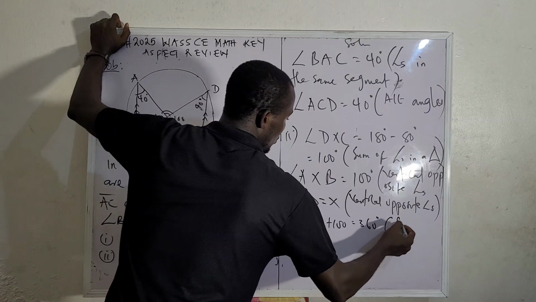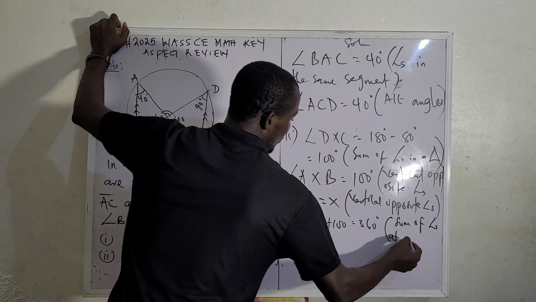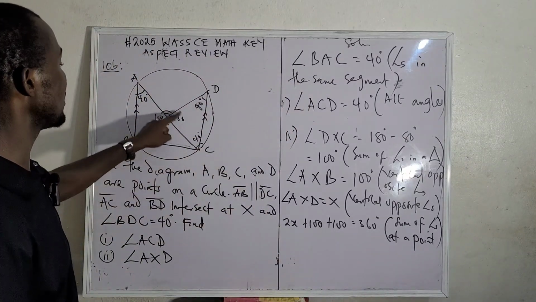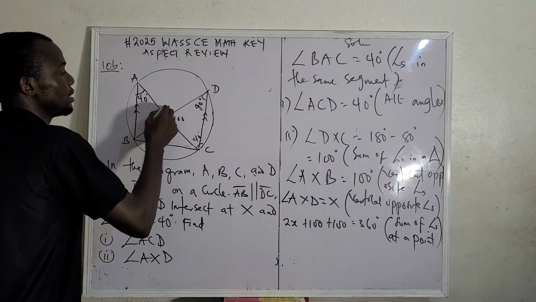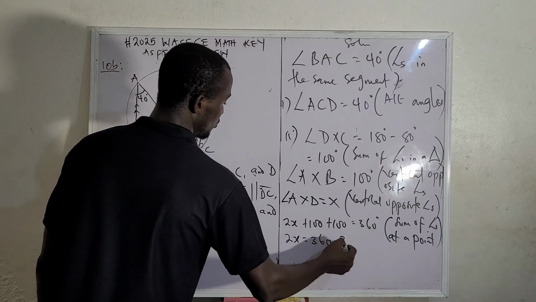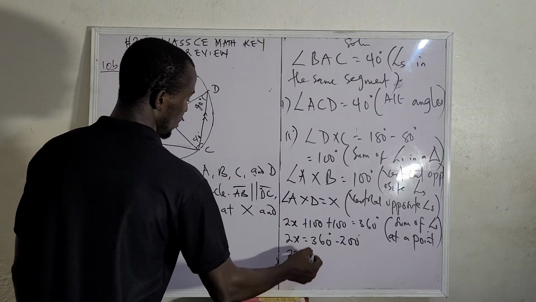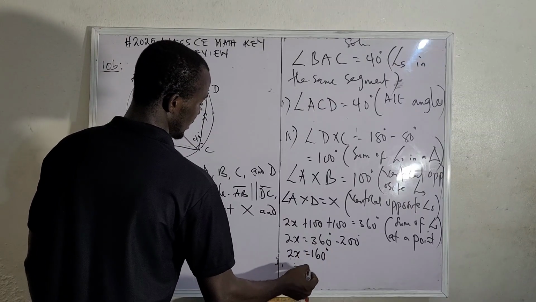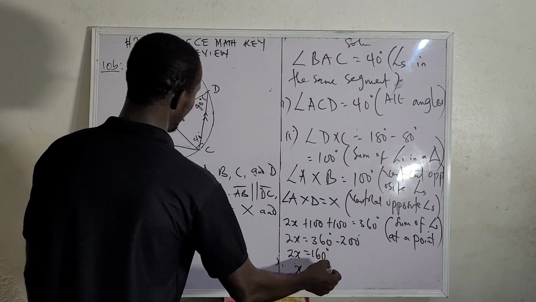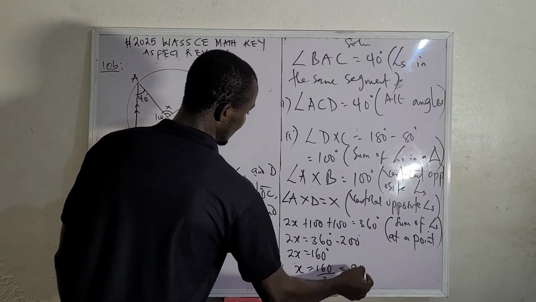The reason is sum of angles at a point: if you add everything here together, that will be 360. So we have 2x equals 360 minus 200, so 2x equals 160 degrees, and then x is 160 divided by 2, and that is 80.